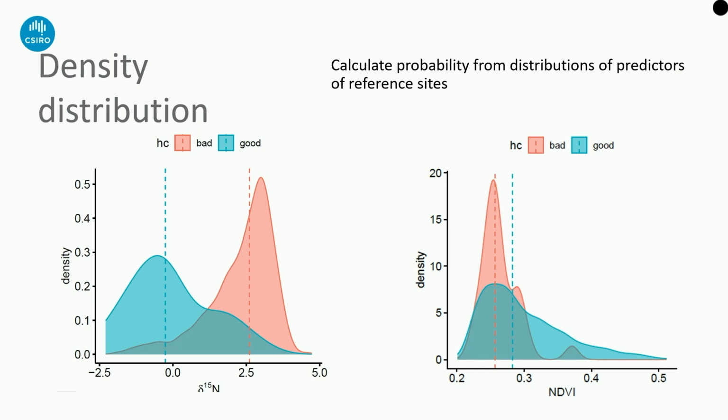It's fairly easy for one to say that if a site has a delta 15N value of, say, -1, then the chance of it being good is really high. Versus if we look at NDVI, in this particular case, we can't really easily separate the good and bad sites just based on NDVI.